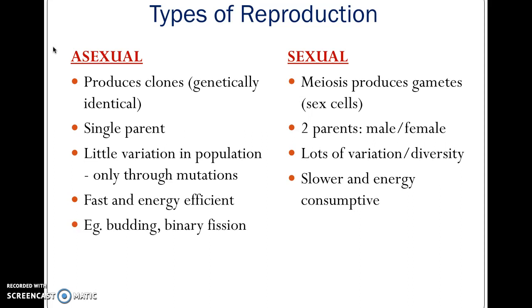Asexual reproduction, budding is an example, and bacteria reproducing via binary fission is also asexual, identical clones to the parent. And for sexual reproduction, we already know humans, animals, trees reproduce that way.